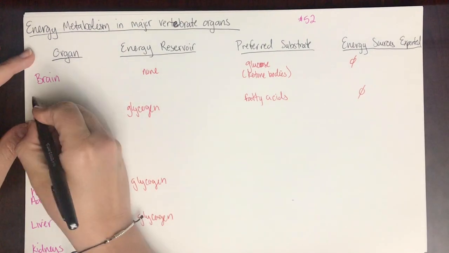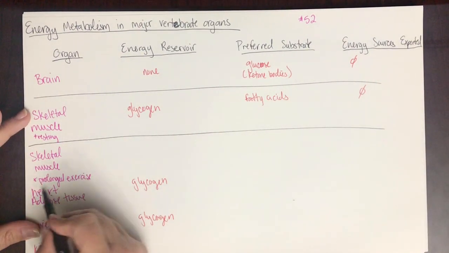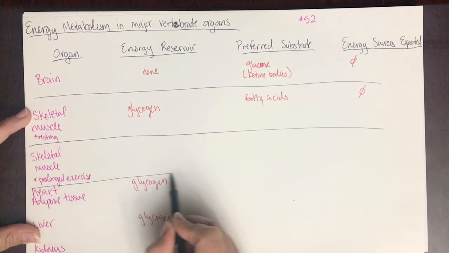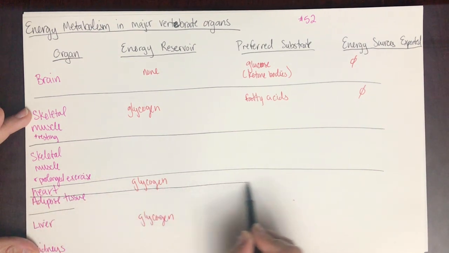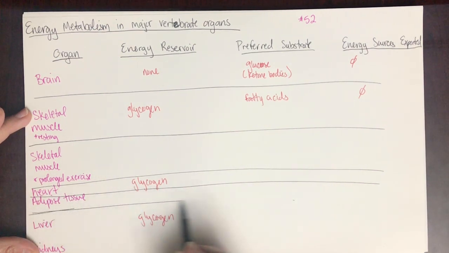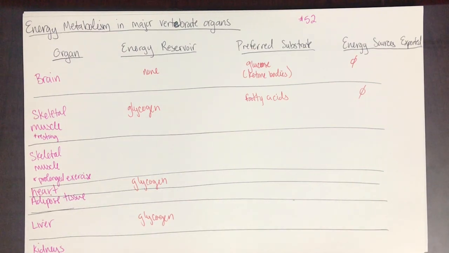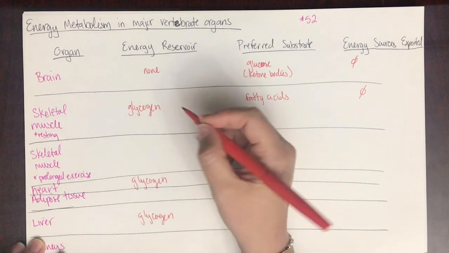I'm going to draw some lines in here. Again, this is all in your lecture, and it will look a lot better on that slide. Heart, adipose, liver, kidneys.